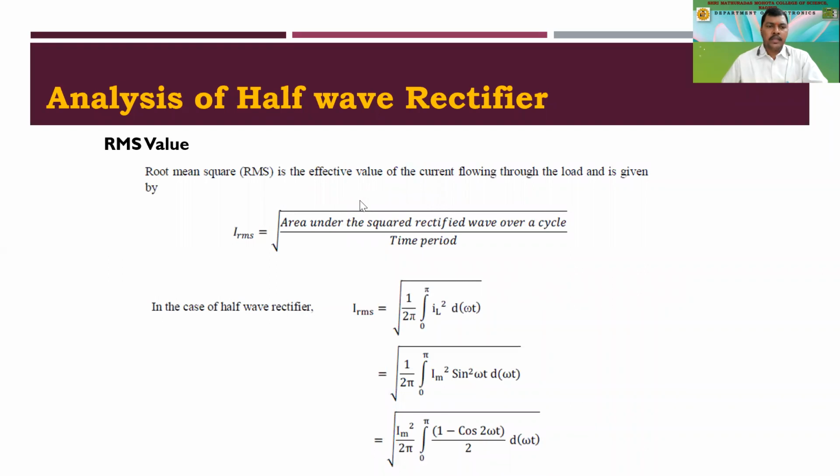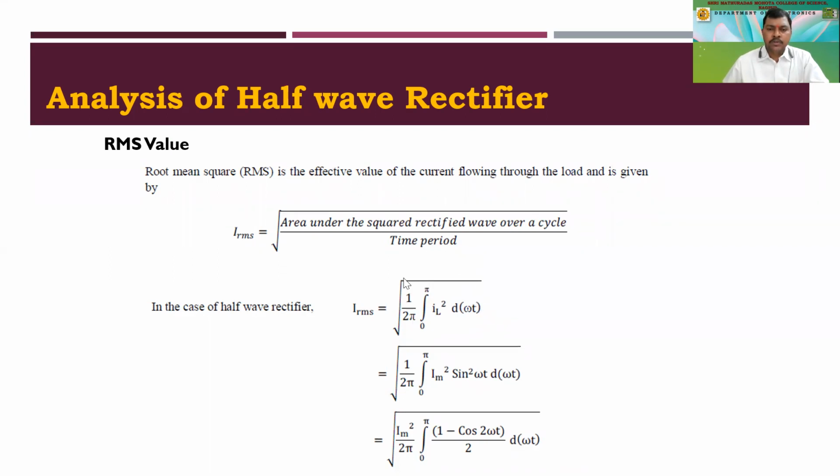So this is how we can calculate the RMS value. Root mean square is the effective value of the current flowing through the load and is given by this equation: IRMS is equal to the square root of the area under the squared rectified wave over a cycle divided by the time period. Now, if you substitute these values, the area under the squared rectified wave from 0 to pi is 1 by 2 pi integration of 0 to pi IL square d omega t.